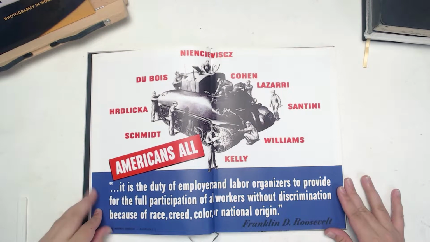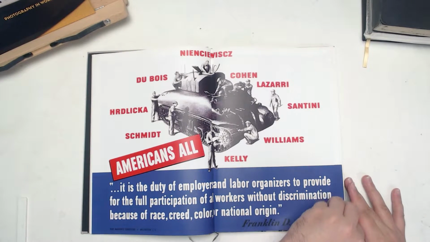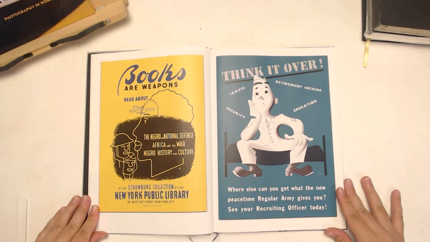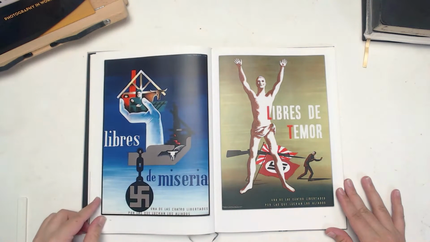The propaganda objectives: recruitment of soldiers, convince Americans to join the army. Financing the war effort, convince Americans to give money to the government to help pay for the war, like buying bonds.